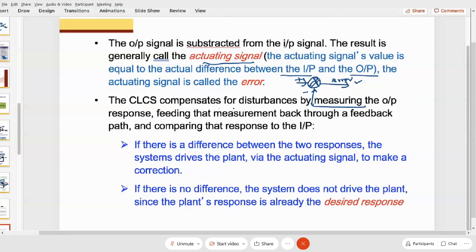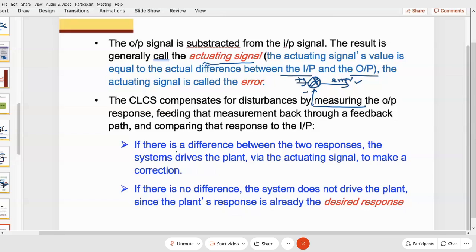The closed loop compensates for disturbance. If your system has some disturbance entering, the closed loop control system will try to minimize the effect of the disturbance. They try to make sure that your output equals your set point. That is the function of the feedback, to minimize the error and the disturbance.